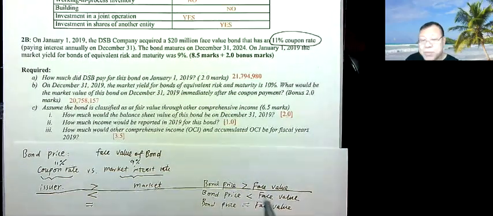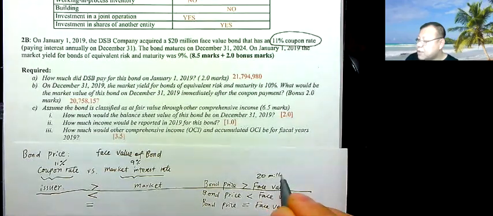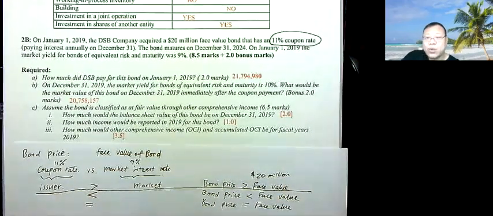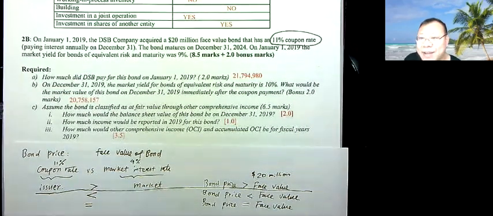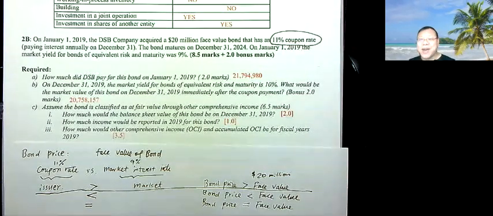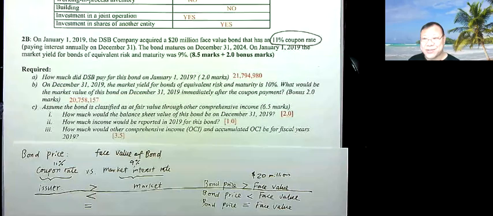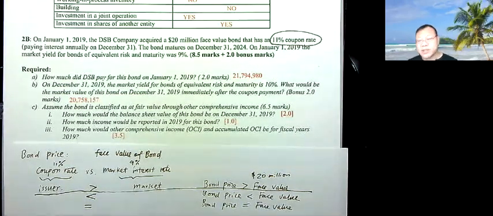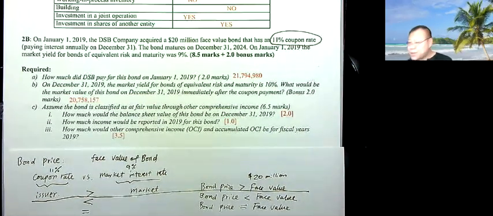Your bond price should be more than 20 million. So the answer here is 21,794,980. First of all, you have to know whether you expect your number to be higher, equal, or lower than the 20 million face value. That's a way you can check if your result is right. So let's draw a picture.